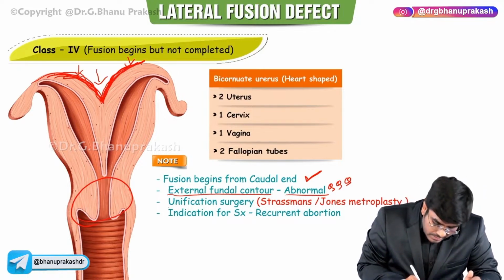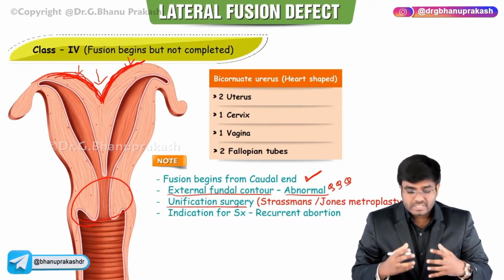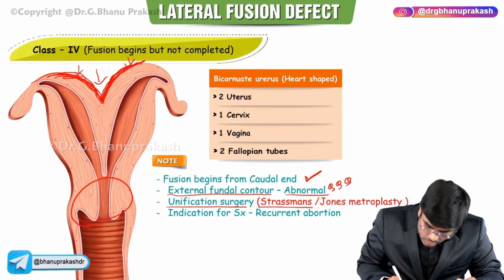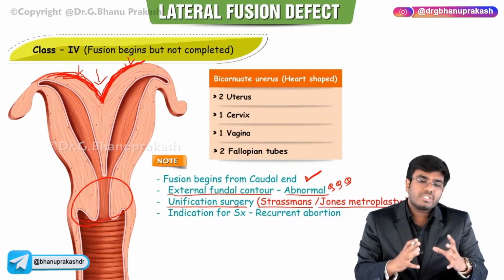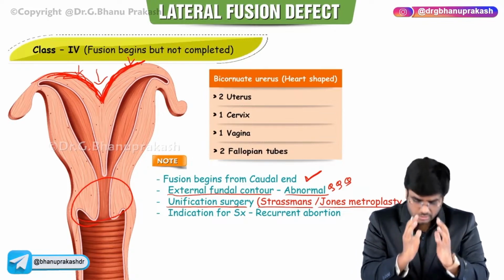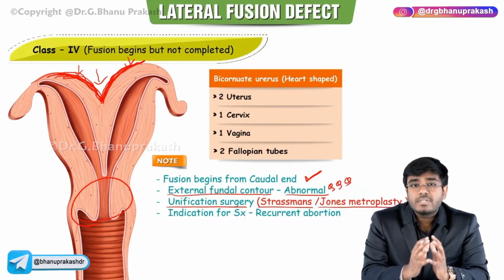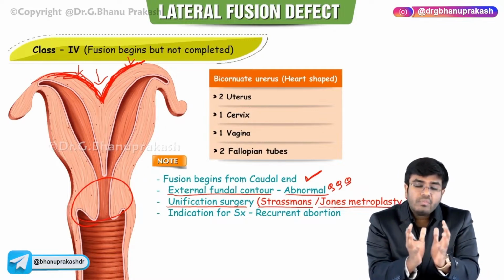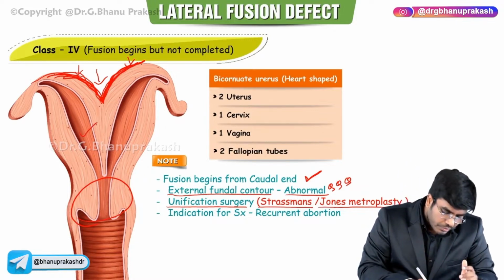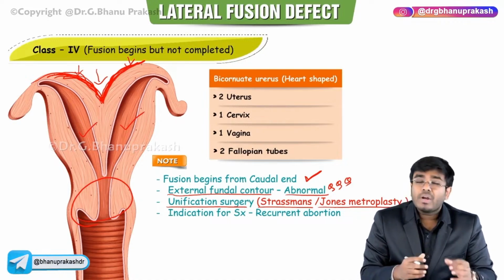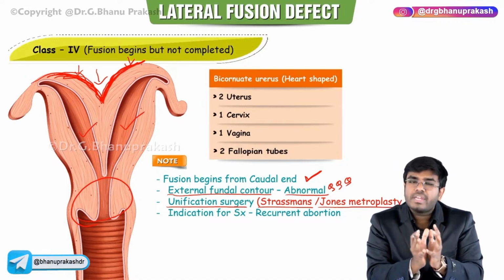Now, the surgery which was done is known as Strassman's or Jones metroplasty. Metro is the uterus and plasty is the unification. So Jones metroplasty or Strassman's metroplasty is done for unification of these two uterine cavities. And what is the indication to do this unification surgery?